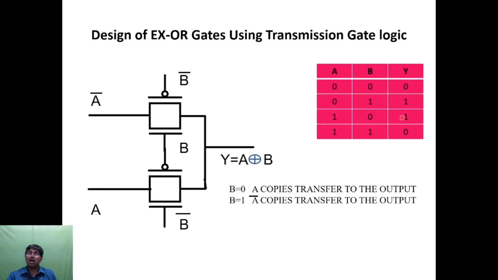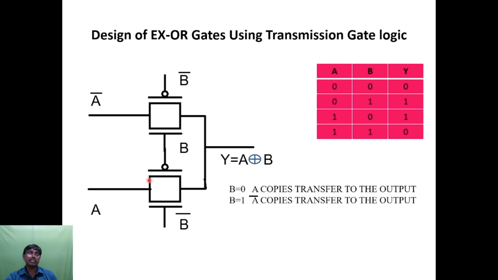That means when control input is equal to low, whatever data input will directly appear at the output. That means simply A copies, or transfers, to the output. When B, the control input, is low, here also low, whatever input will be directly transferred to the output. 1 will be reflected at the output.